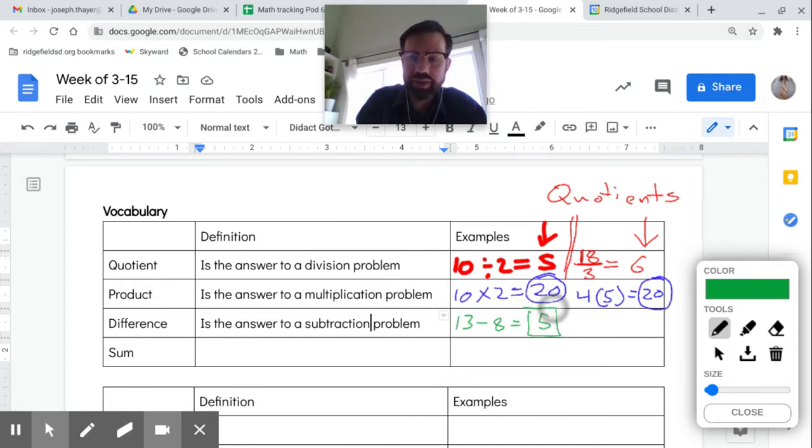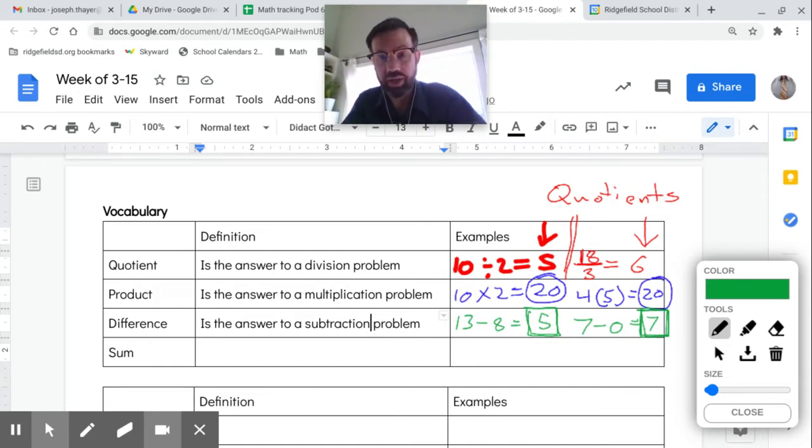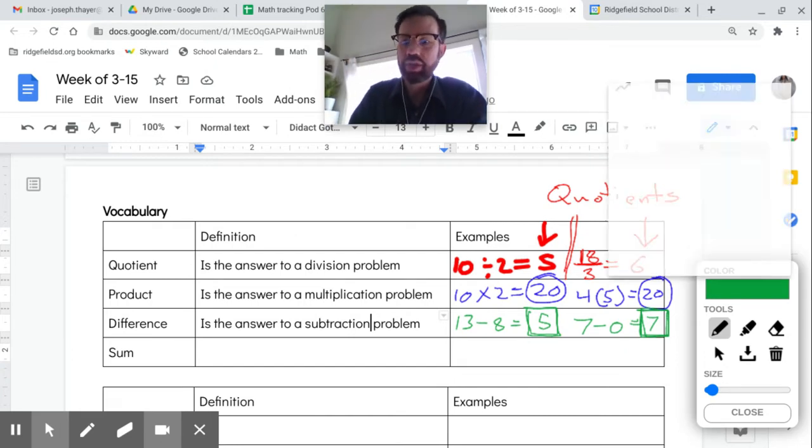That's my difference, 5. Or maybe 7 minus 0 equals 7. Remember, the answer to my subtraction problem is the difference. So if it says the difference of 7 and 0, the difference is 7. If it's the difference of 13 and 8, we're doing 13 minus 8, which is 5.